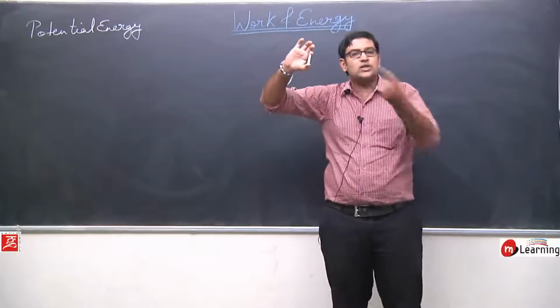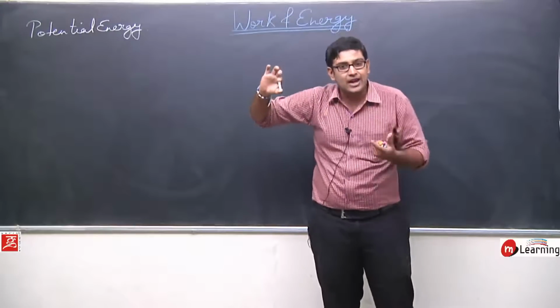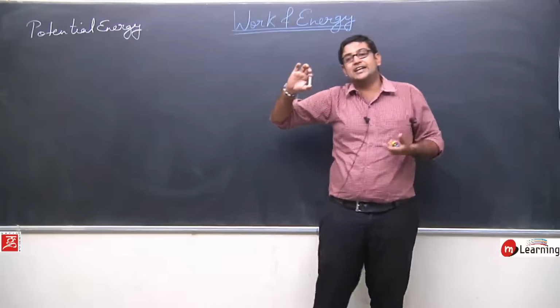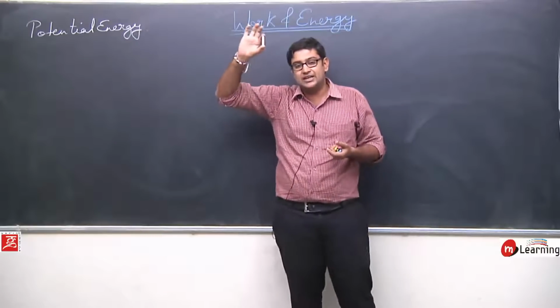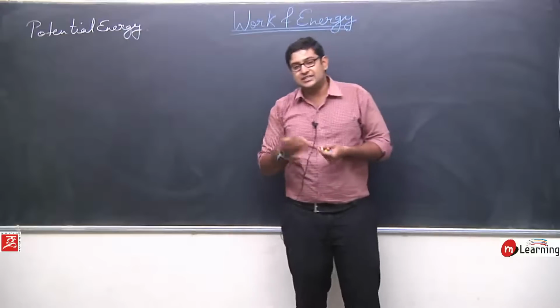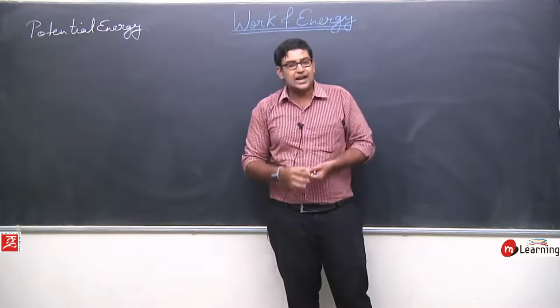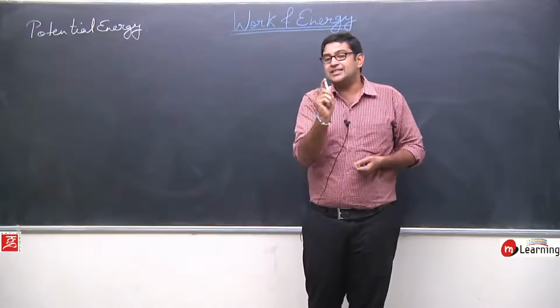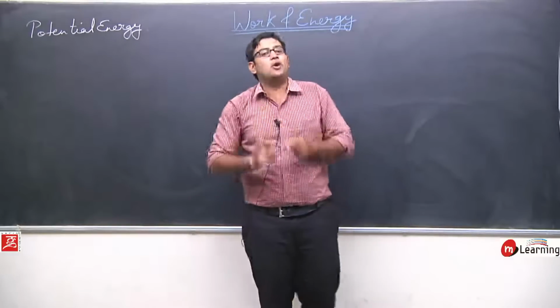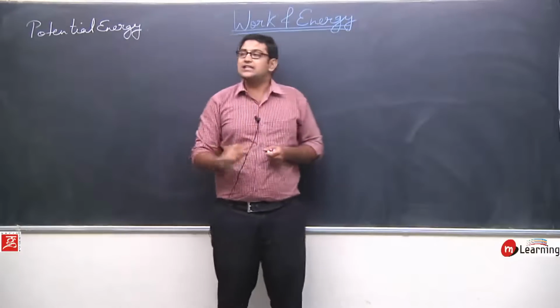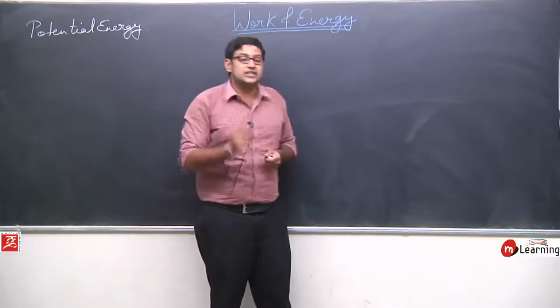So that work is stored in the form of energy, but what kind of energy? This energy cannot be called kinetic energy because it is stationary. If it were moving continuously, I would have said yes, this is kinetic energy. But right now it is stationary at this position. It means it possesses a different form of energy, and that is called potential energy.